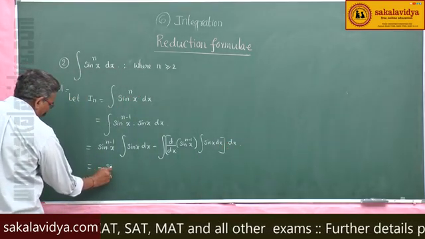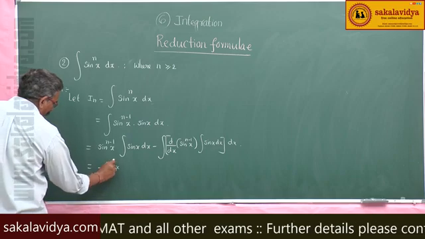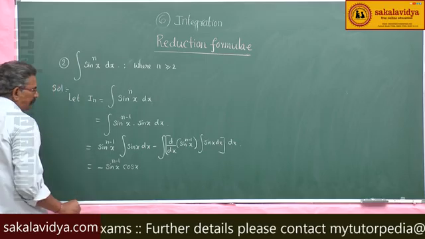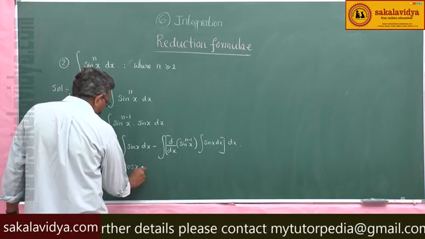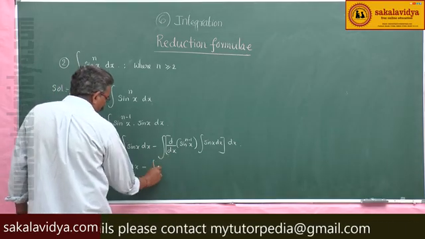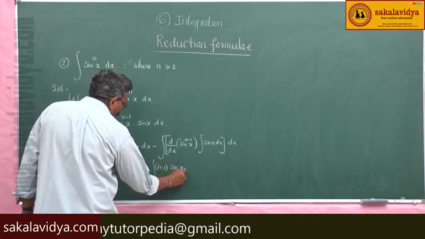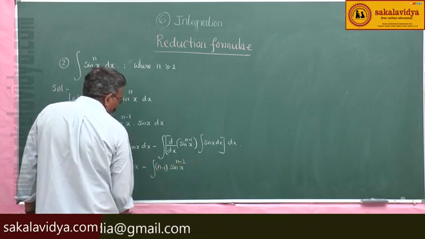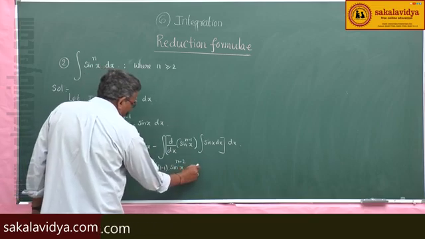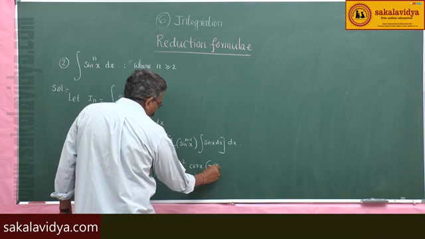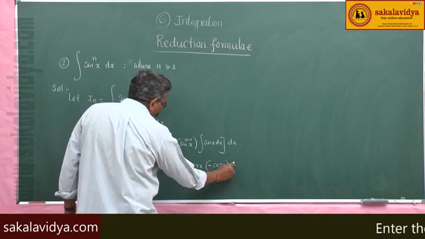So, minus sin x to the power of n minus 1 cos x, and minus derivative of this one is n minus 1 into sin x to the power of n minus 2, sin x derivative is cos x, integral of this one is minus cos x dx.